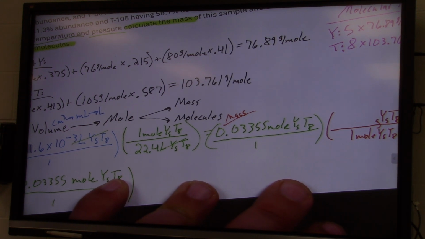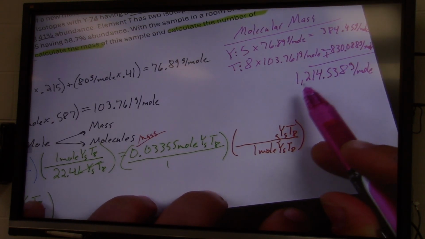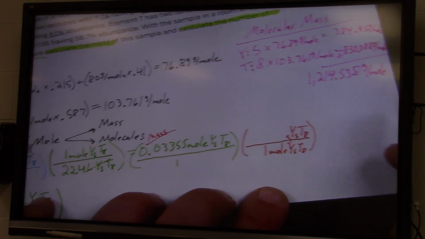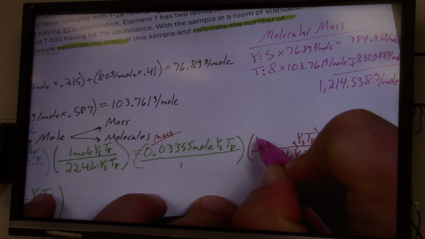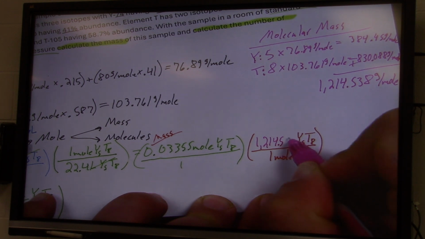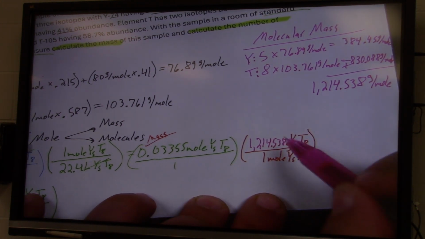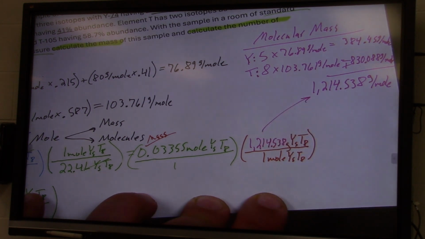There's a number that goes with this. What number? The molecular mass number. No, that's for molecules, I'm sorry. So 1,214.538. This number came from right there.